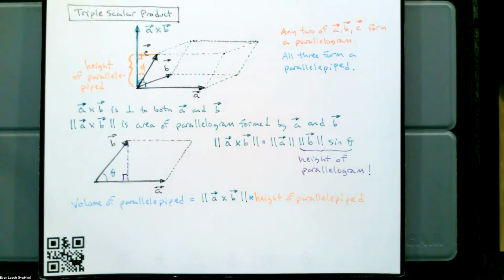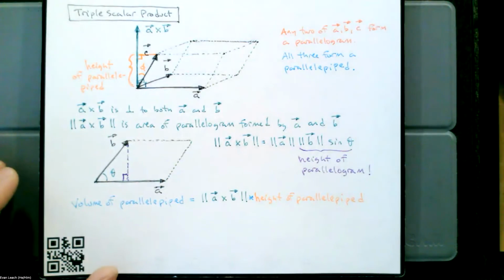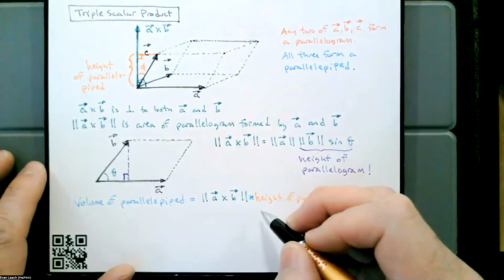So the height of the parallelepiped, now I want the side adjacent to the angle between C and A cross B. So that's going to be the magnitude of C times the cosine of that angle.